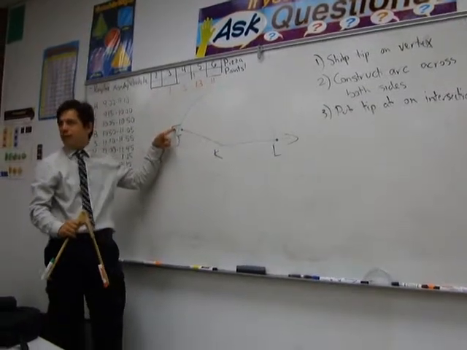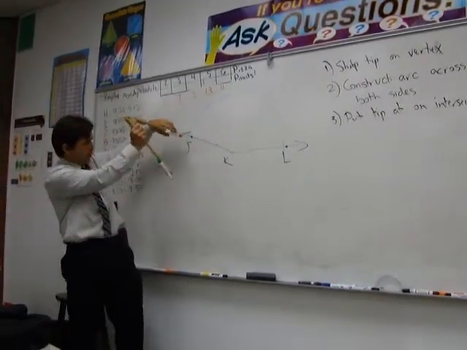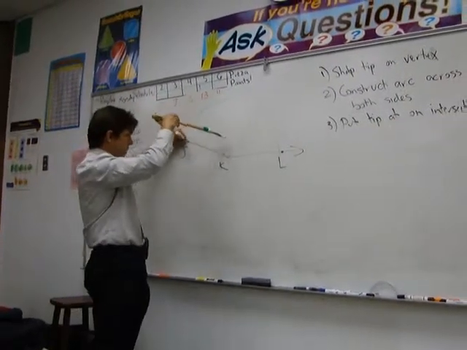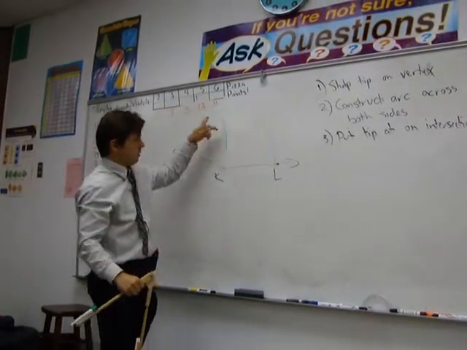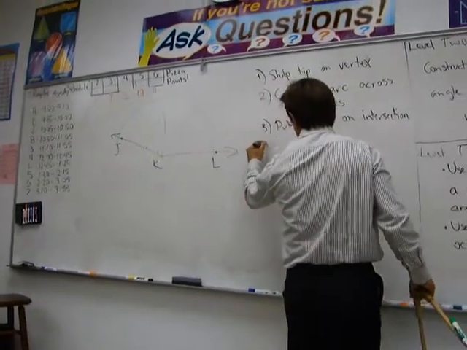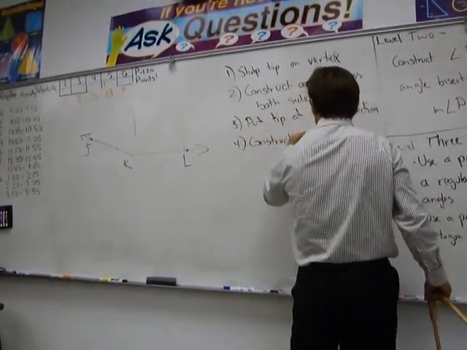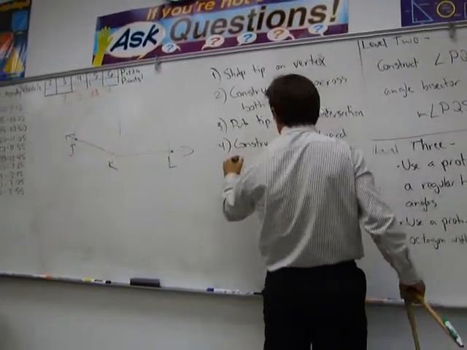I put it where the arc crosses the angle. Does everybody get that? And then I construct an arc towards the middle of the angle. Toward the middle of the angle.